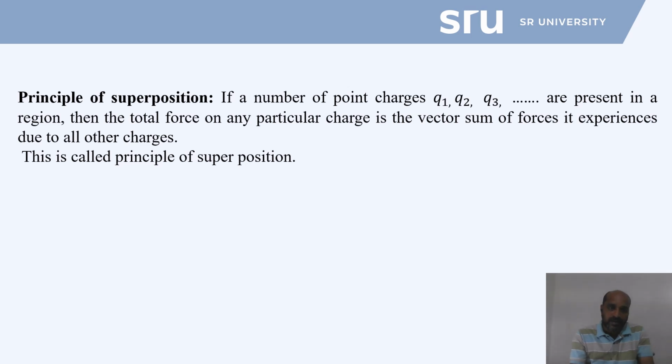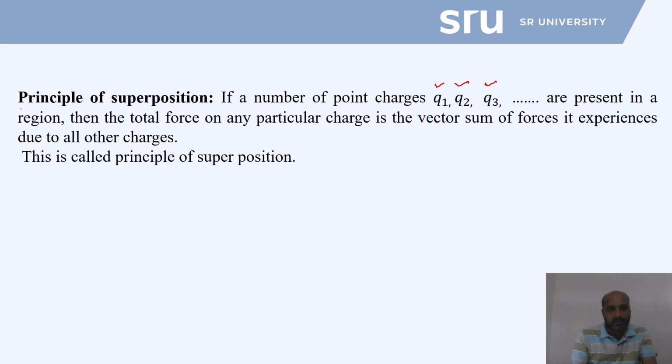Now the question is, is it possible to apply Coulomb's law to more than two charges? Let's take three charges, Q1, Q2, Q3. Is it possible? Yes, definitely possible, but for that we need to apply it some number of times. If you are considering three charges, then we need to apply Coulomb's law 2 times.